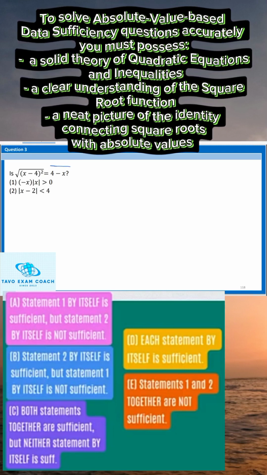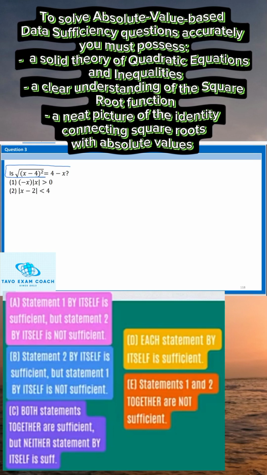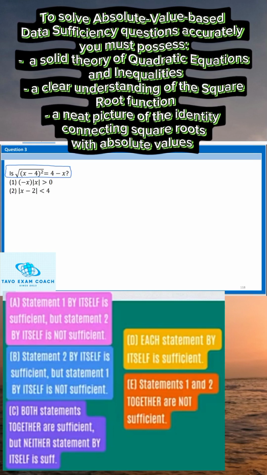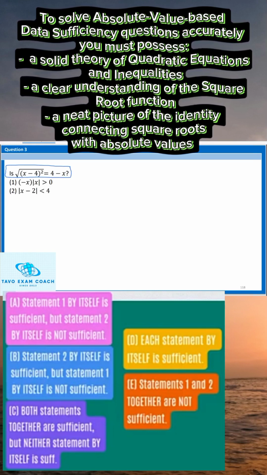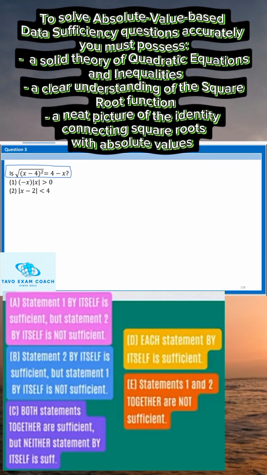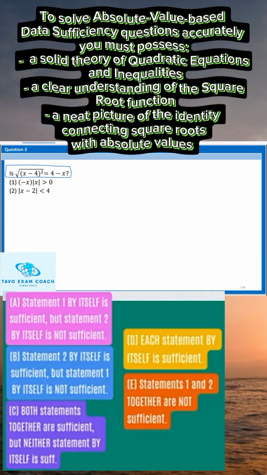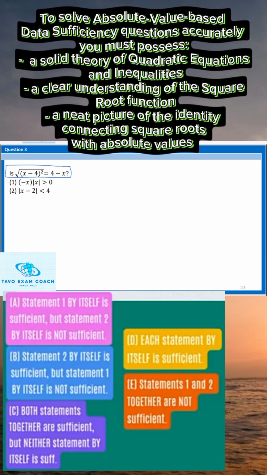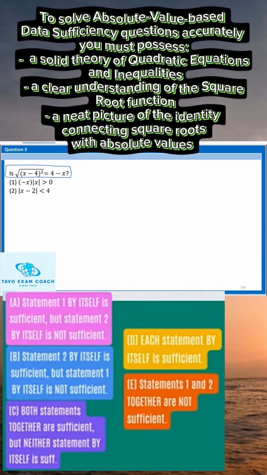Always try to reformulate the question in simpler terms, so that analyzing whether the statements yield a unique answer or not is actually faster and much simpler. So, what can we use in order to simplify the question?